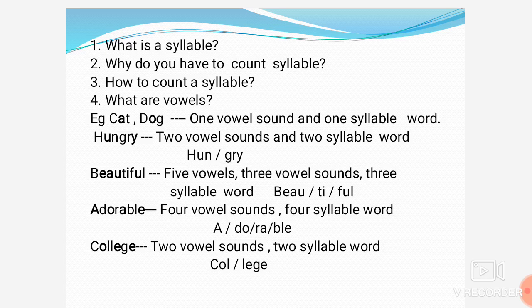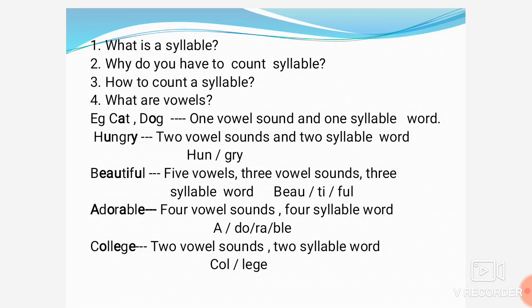A, E, I, O, U are vowels, and all the other letters are called consonants. Now let's see what is a syllable. A syllable is a unit of pronunciation having one vowel sound.